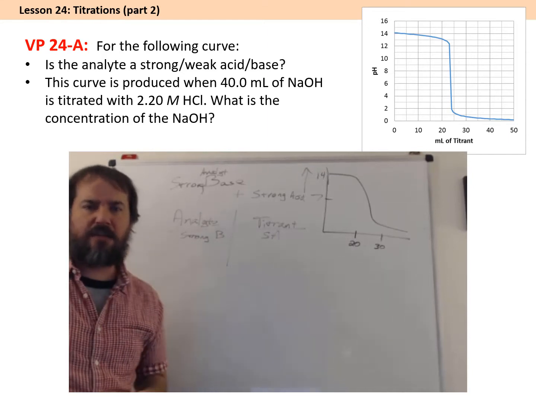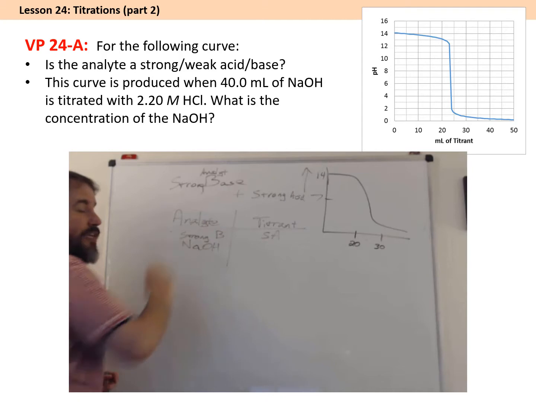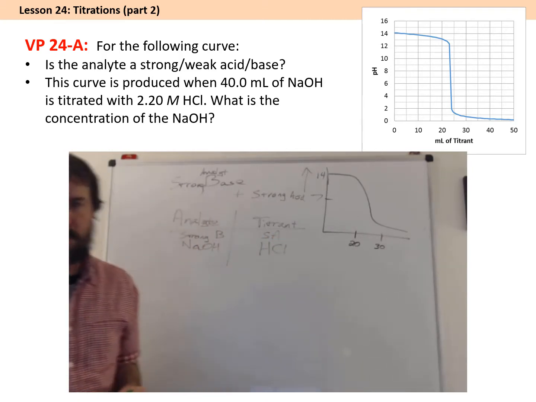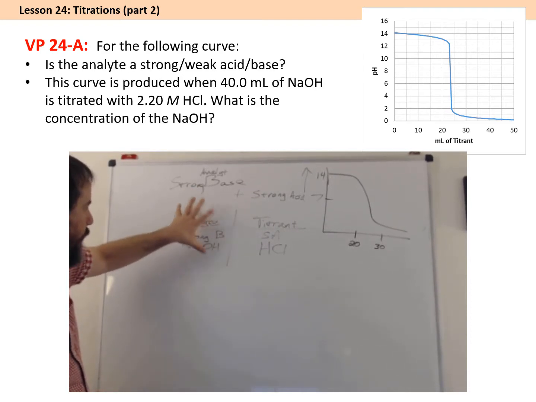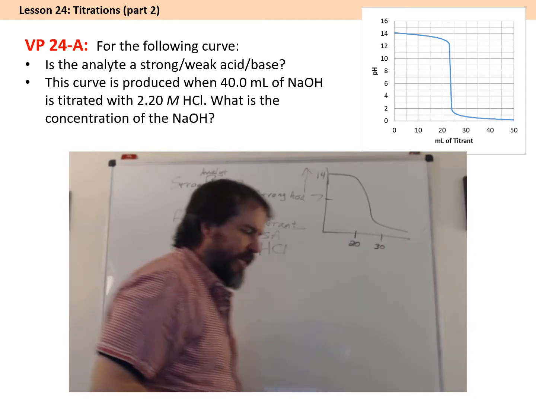In fact, on the screen, it tells me that I have NaOH, that indeed is a strong base, and I have HCl as my titrant. I always say it's good to label your base and your acid, to differentiate those, because otherwise it gets confusing.